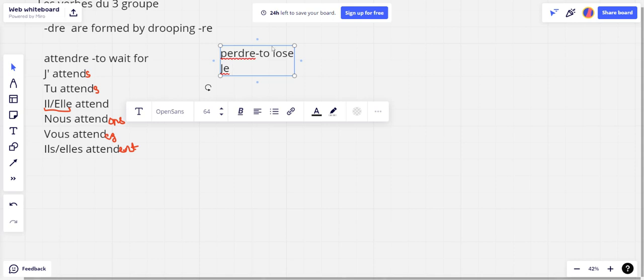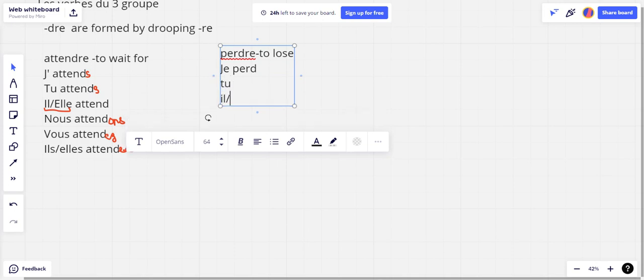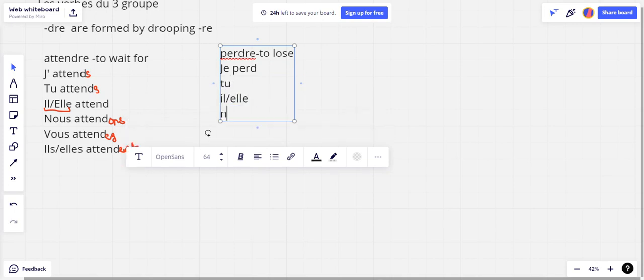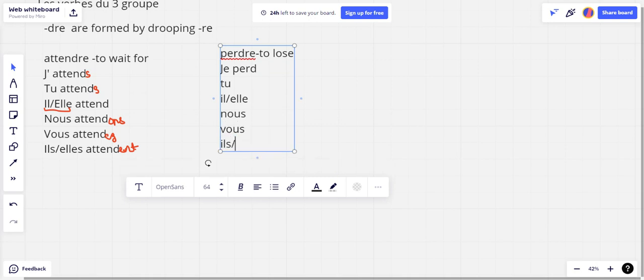And the base, you know the rule, would be perd, because re gets dropped. So je, tu, il, elle, nous, vous, ils and elles. Now we are going to put the base. This verb is really important.